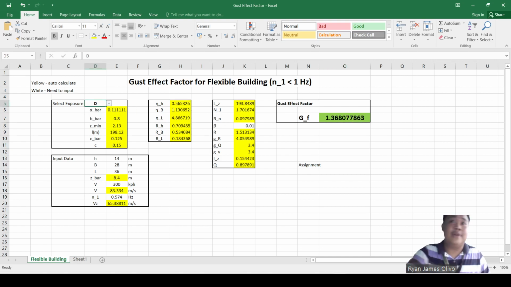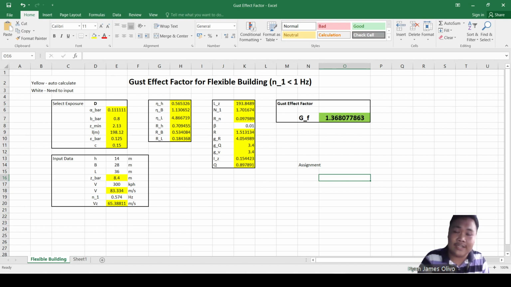I have an explanation about that, because exposure category D is the exposure in which there is no obstruction. It is open space where the wind can freely blow on your building, and that is why it's very important. Wind, along with earthquake, is a catastrophic event that could destroy your structure. That is why the correct loading and correct determination of load is very important in structural design, in this case in your steel design.